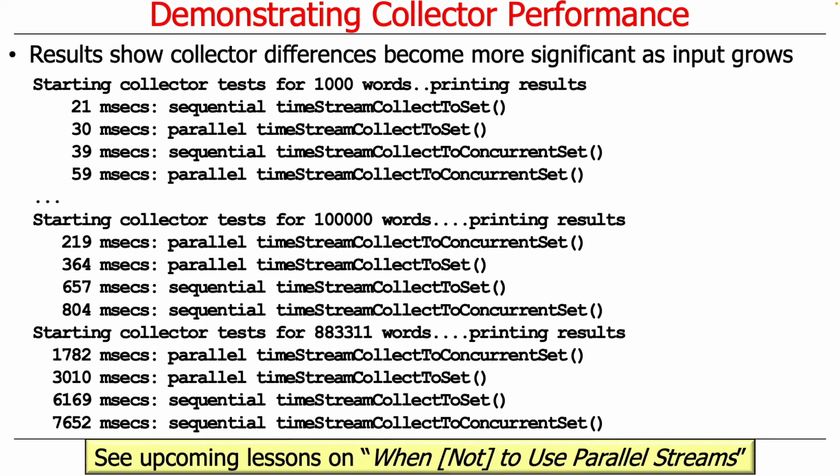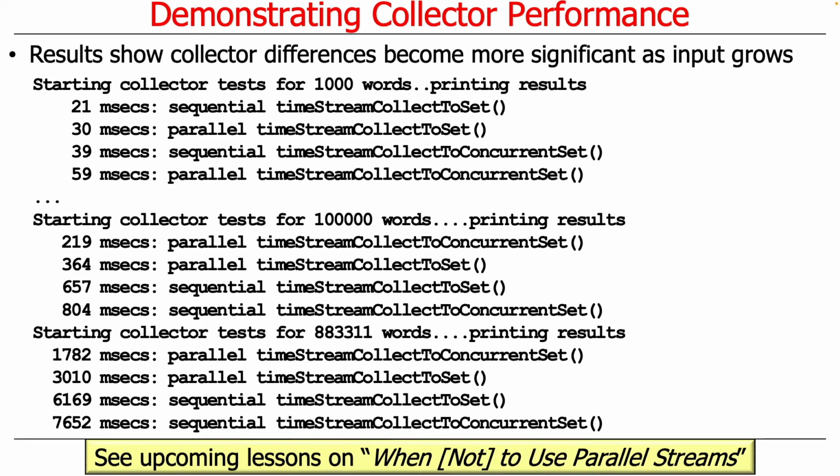And as you can see, when we run these tests with just the first 1,000 words of Shakespeare, the differences aren't particularly dramatic. In fact, what's interesting, and this is important to remember, for small n, the parallel solution is actually slower than the sequential solutions.